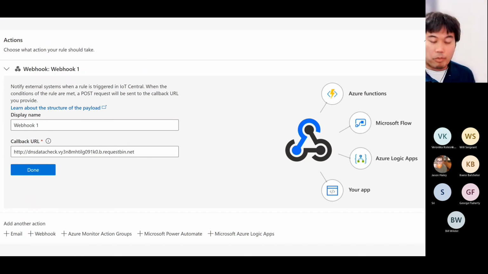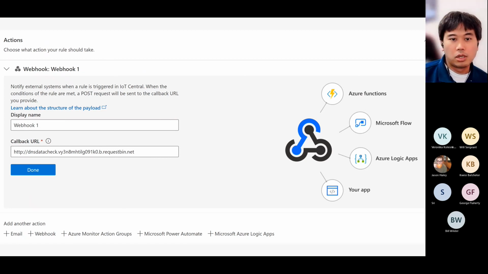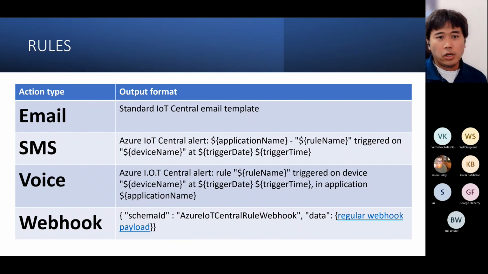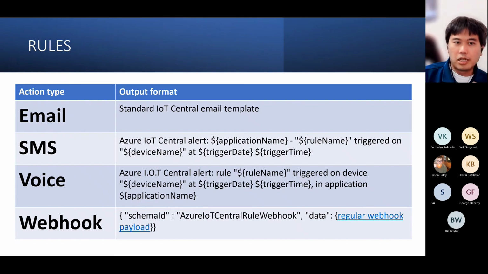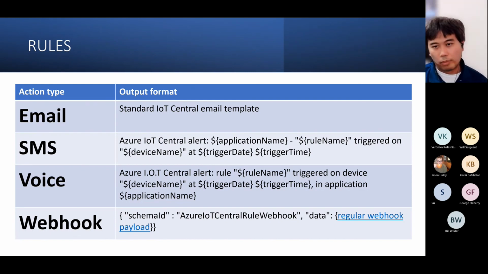So you can have all these different rules that trigger something else in Azure, so that you can get alerted or a workflow can happen. You can send email, maybe call, SMS or text message, voice, or webhook. So just different options to send messages.